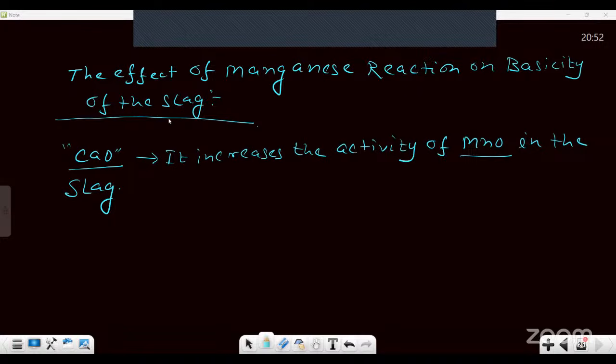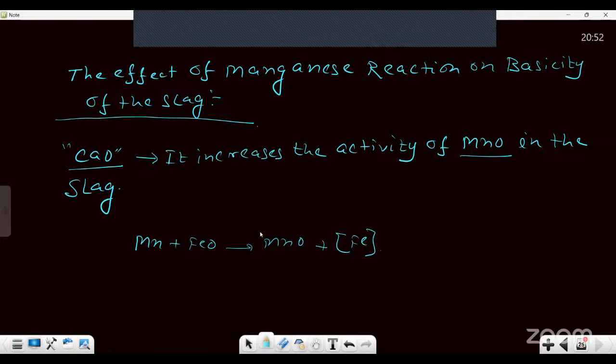So let us see. CaO increases the activity of MnO in the slag, right? And as it increases the activity of the MnO in the slag, what is going to happen? That means if I talk about this reaction, the manganese reaction, which is Mn plus FeO giving us MnO plus Fe.